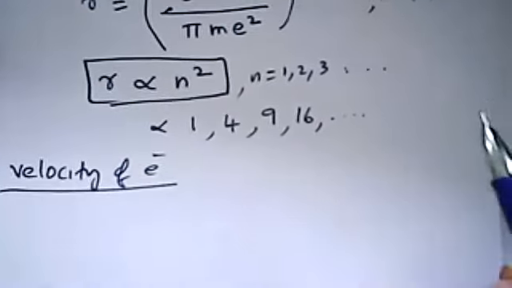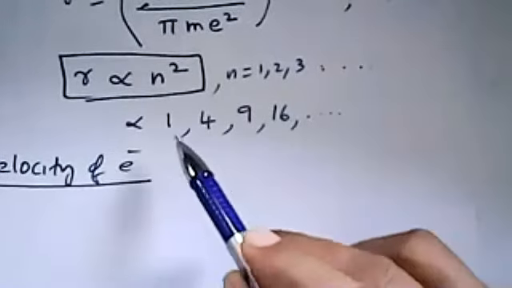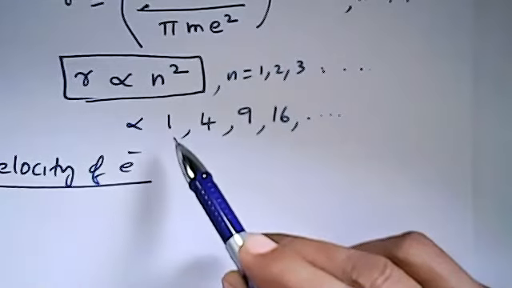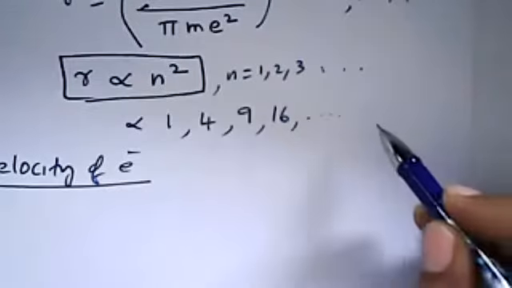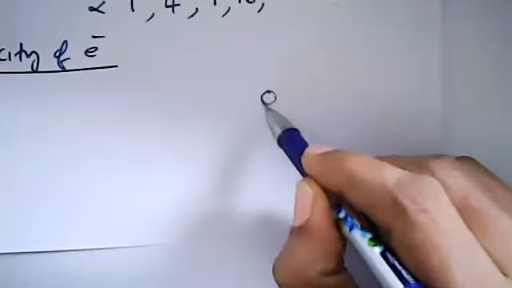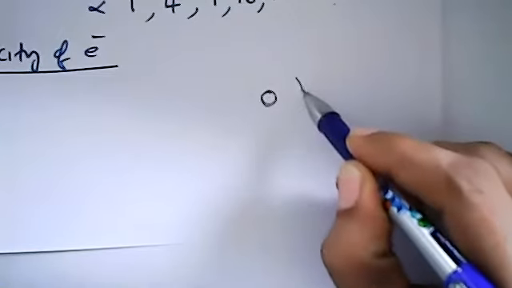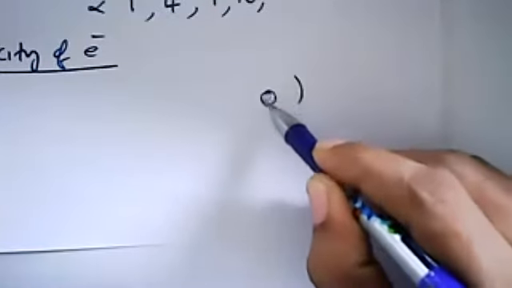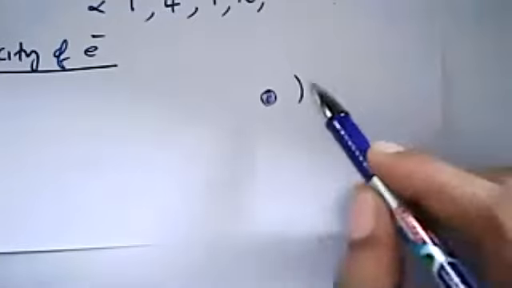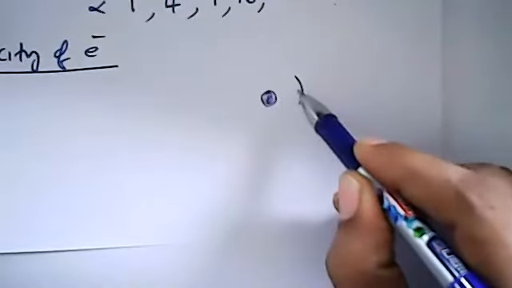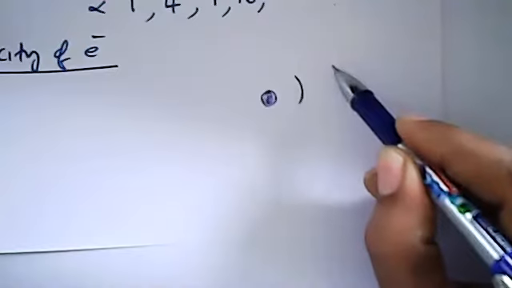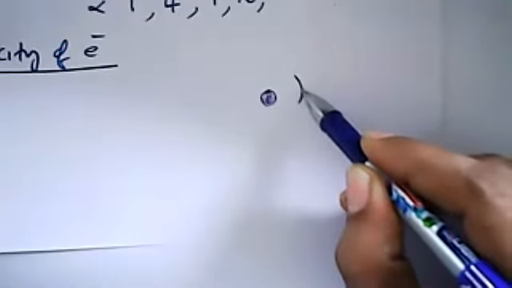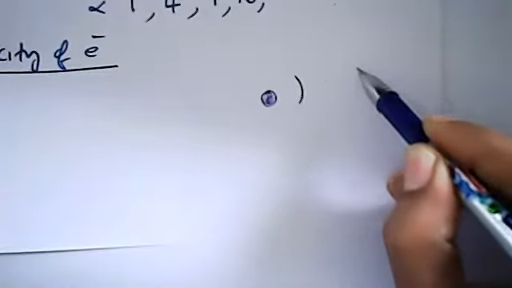You should visualize this. The radius of the first orbit is at 1 meter. If I draw the radius, take this as 1 meter. This is the nucleus. The next orbit is at 4 meter, so this is 1, 2, 3, 4.